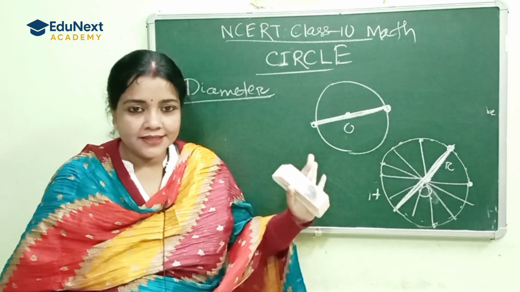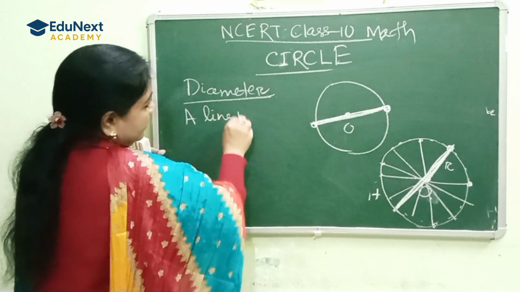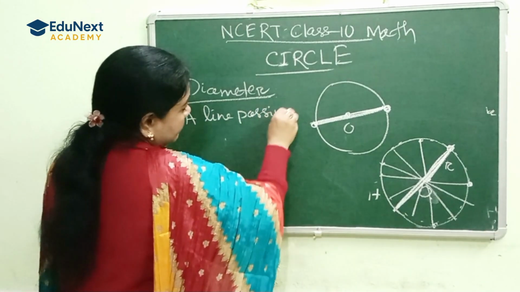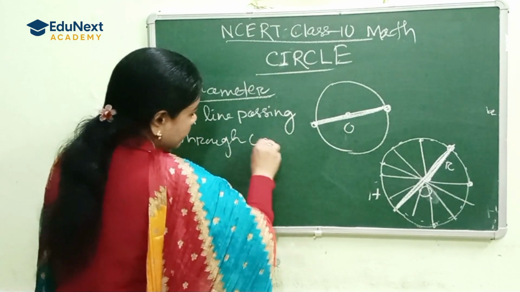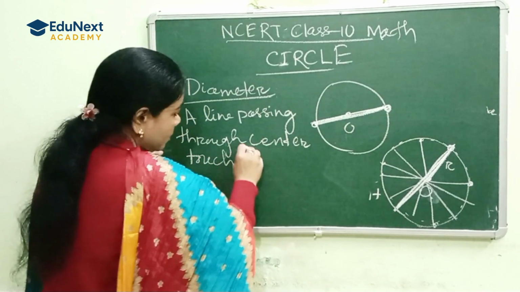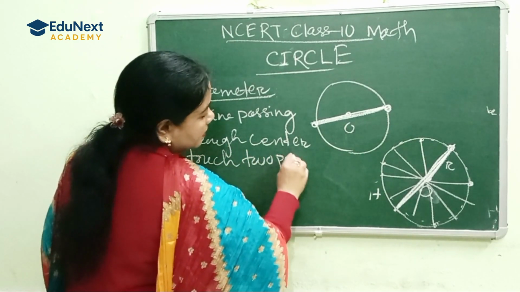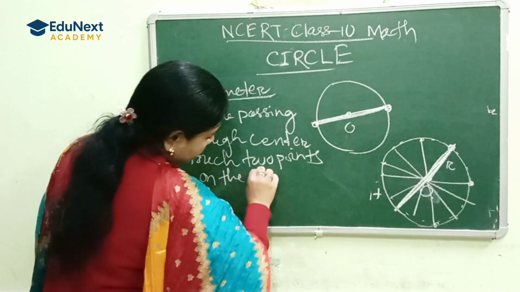A line passing through the center and touching 2 points on the circle.